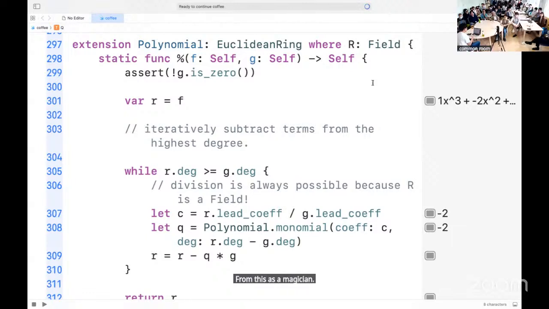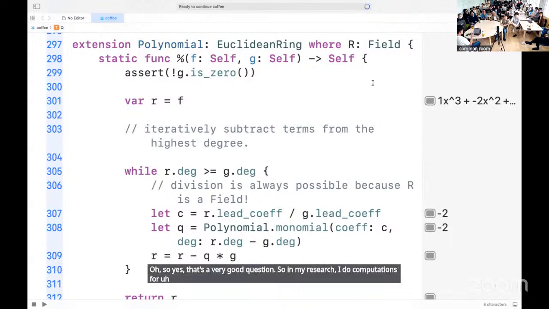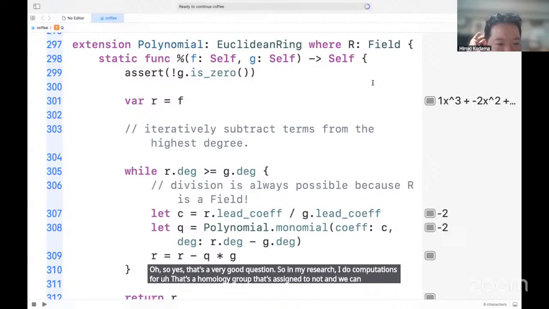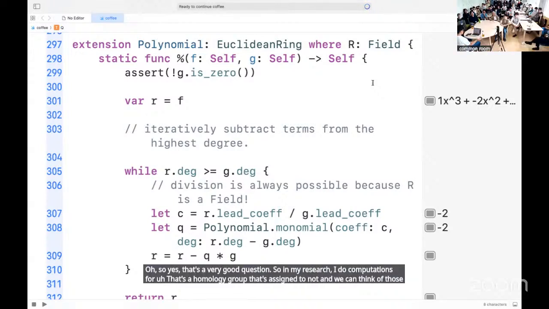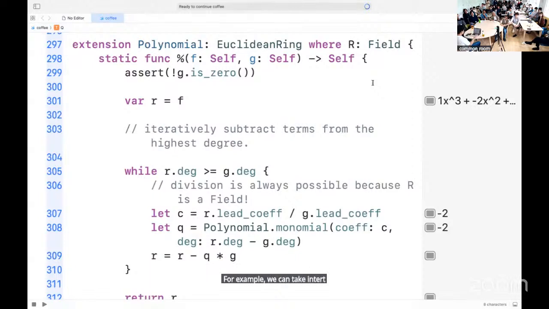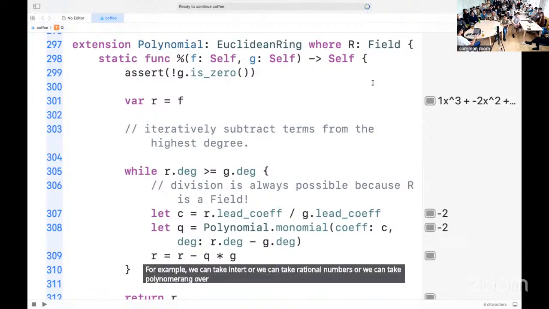Oh, yes, that's a very good question. In my research, I do computations for Khovanov homology. That's a homology group that's assigned to knots, and we can think of those homology groups over any commutative ring. For example, we can take integers, or rational numbers, or a polynomial ring over some field.